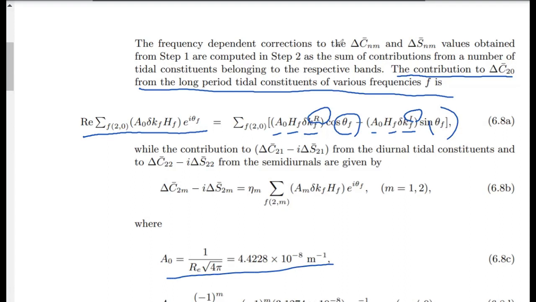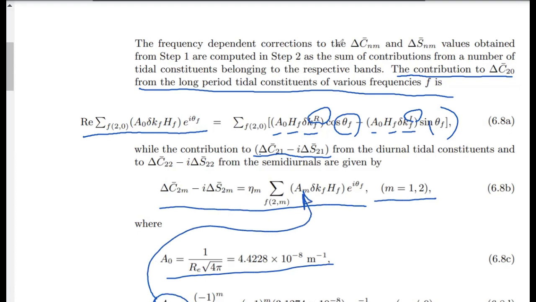And if you want to consider the contribution for order 1 and order 2, you will use this here. So for degree 2, order 0, this formula, and for M equal to 1 and 2, this formula. And in this formula, you will use AM, because A is 1 and 2 is not.